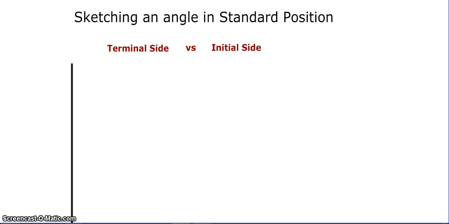Okay, so the first thing we're going to look at is sketching an angle in standard position. Well, what does it mean to be in standard position? An angle is in standard position if the initial side, which we're going to look at in a second, is on the positive side of the x-axis.